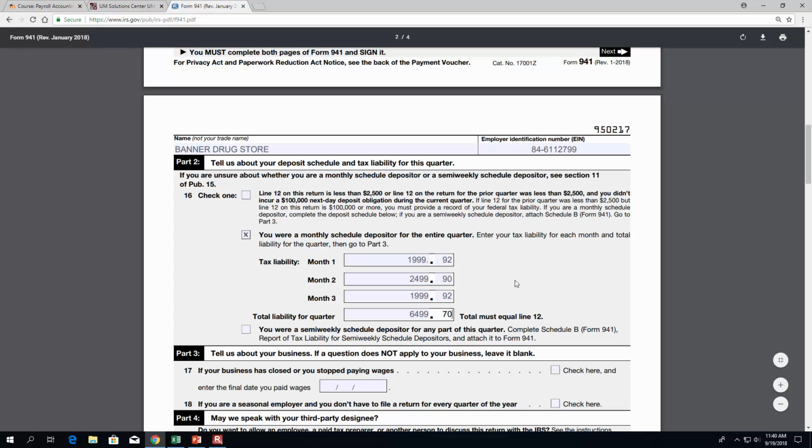So tally that up and tell me if it adds up. $24.99.9. So if I add those 3 numbers, it actually comes to 6499.74. So just change the 3rd month and force it to work.